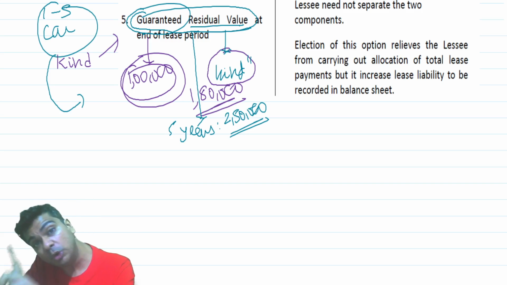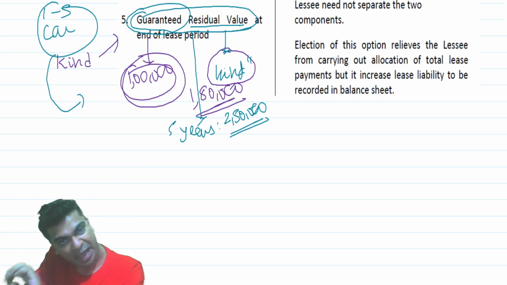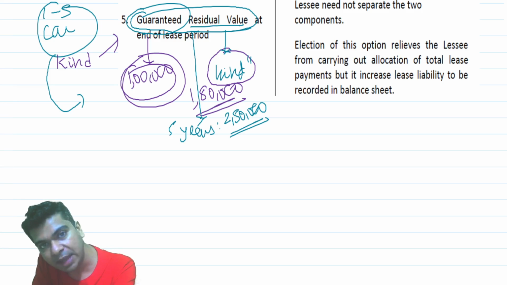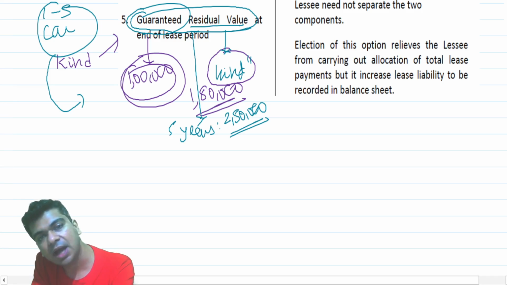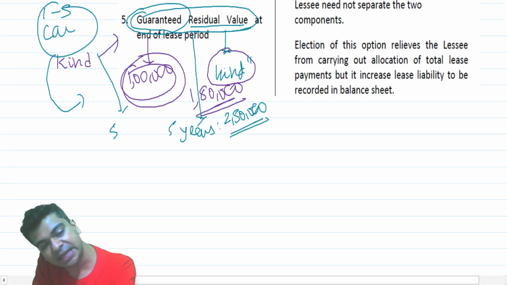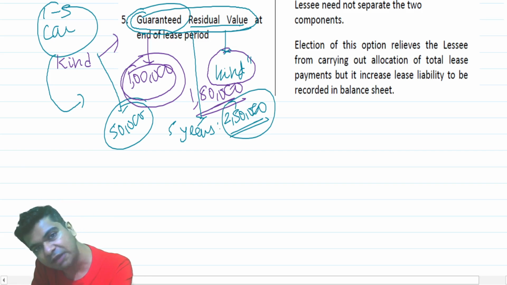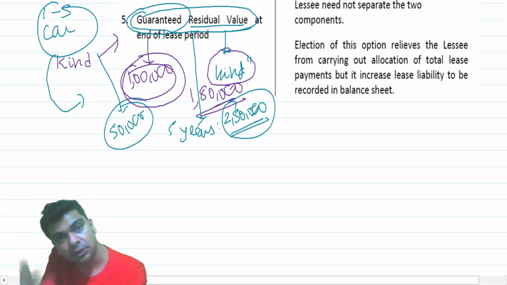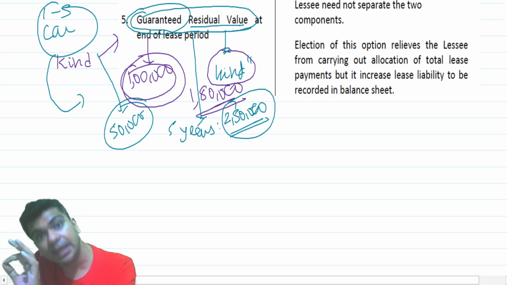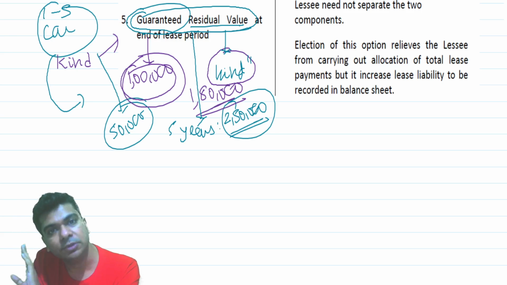Now, if you use this car recklessly and after 5 years if you return back this car, I will sell this car in the secondary market. In the secondary market, I am getting only 50,000 rupees for this car. Now I will catch you. I will tell you that, see, you had given a guarantee of 2,50,000, but I got only 50,000. Pay me in cash 2 lakhs of rupees.